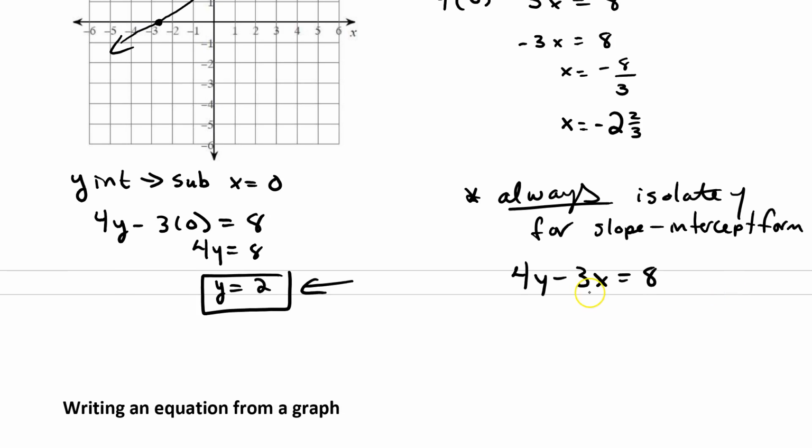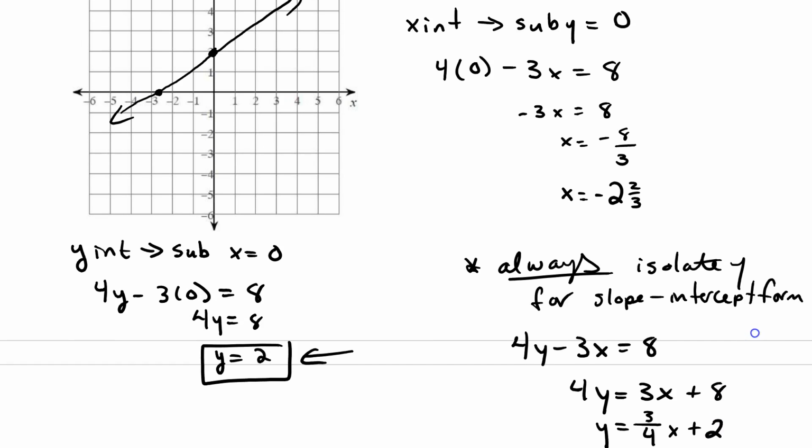I would isolate the y, so I would say 4y equals 3x plus 8. Divide everything by 4. So y equals 3 over 4x plus 8 over 4, which is 3 over 4x plus 2.